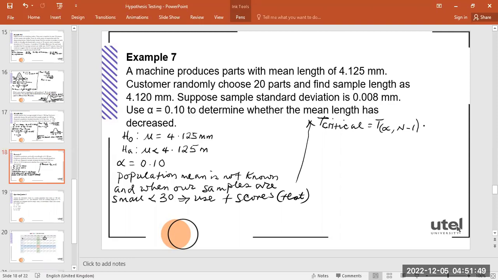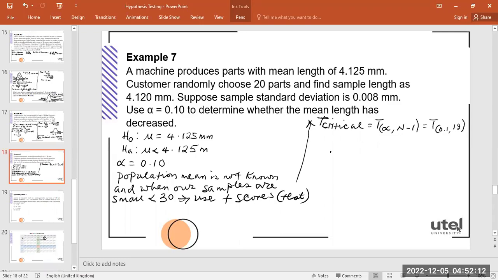So in other words, this is going to be written in this form as t at the level of significance, which is 0.1, and the degree of freedom, which is the number of samples minus 1. So the number of samples is 20 minus 1. That gives us 19.